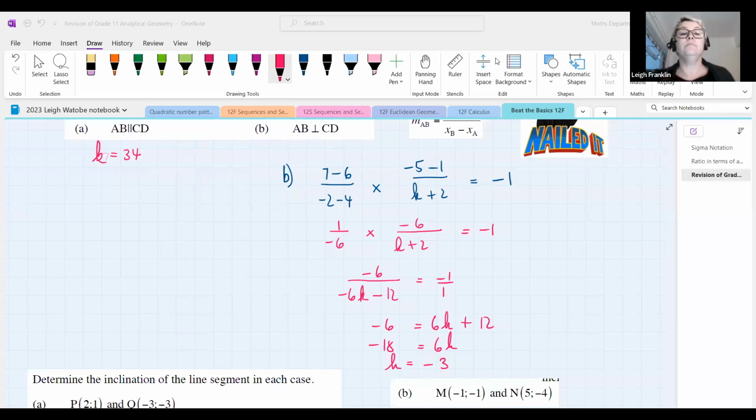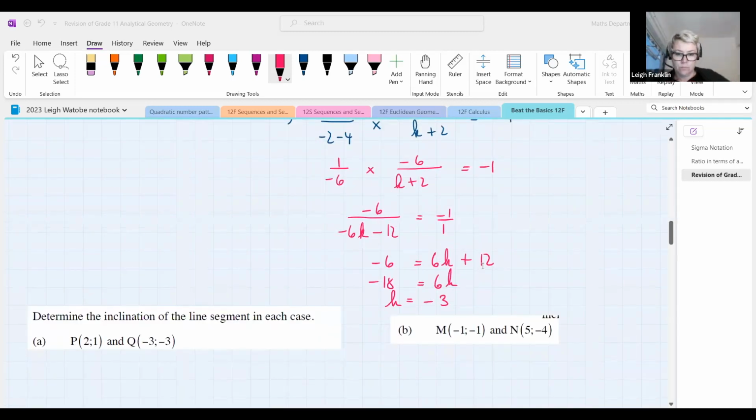Ma'am, does it match by the 3rd step? Yes. I don't know why I got -6 over 12 plus 6K instead. Okay.